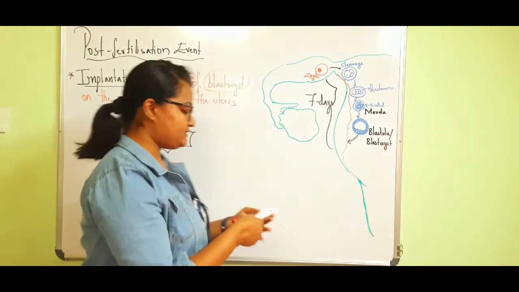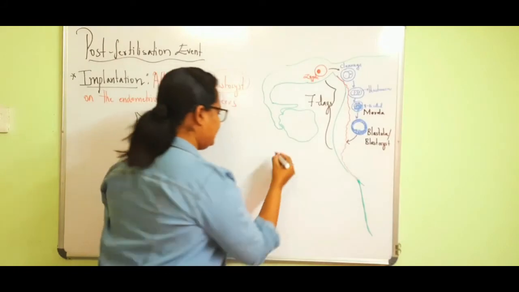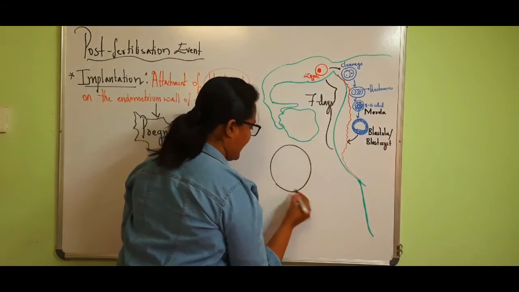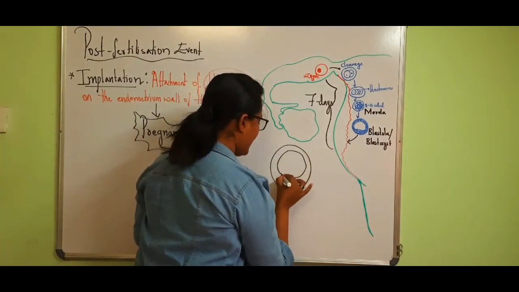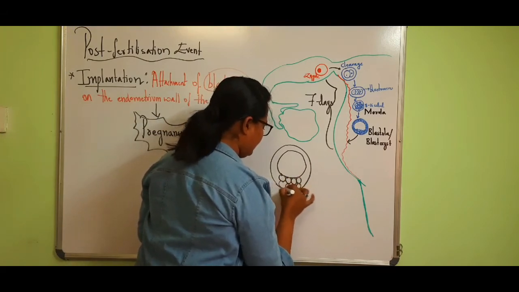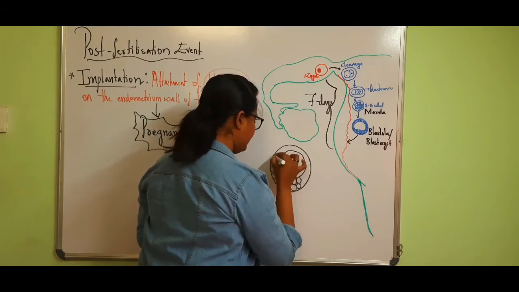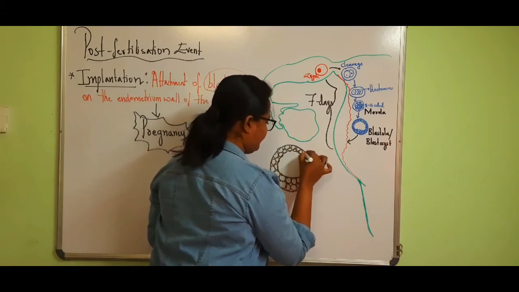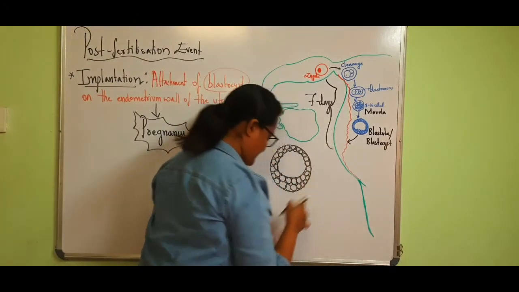Once the morula is formed, the cells or the blastomeres present in it get rearranged like this. This structure contains a central cavity and some cells which are very useful for the embryonic development of the fetus.